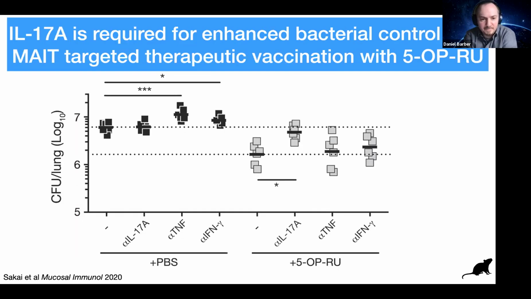And we asked what the mechanism could be. MAITs in mice primarily make IL-17. And you can see when we blocked IL-17, we largely abrogated the reduction in bacterial loads that we got with 5-OPRU injection. And we didn't see a role for TNF or interferon gamma. And so we think this is primarily an IL-17 dependent mechanism.